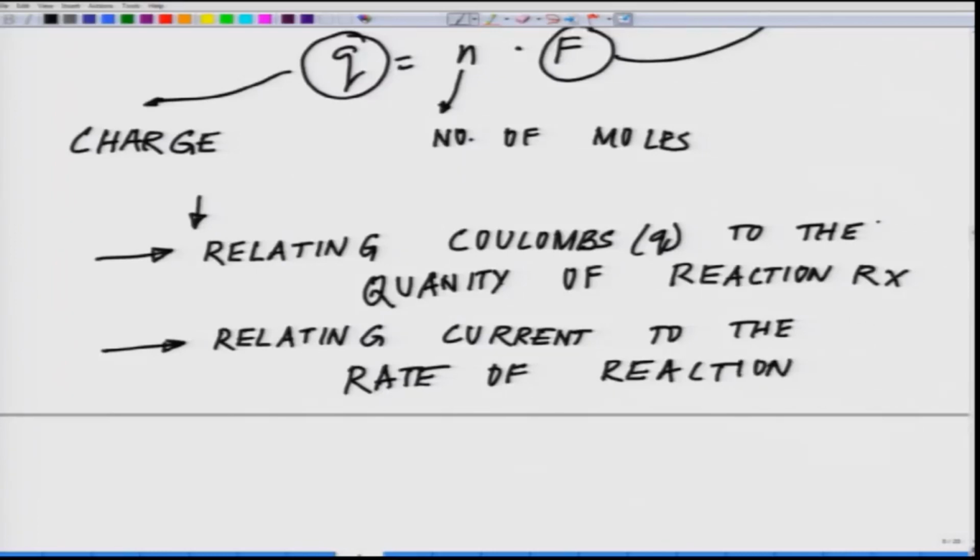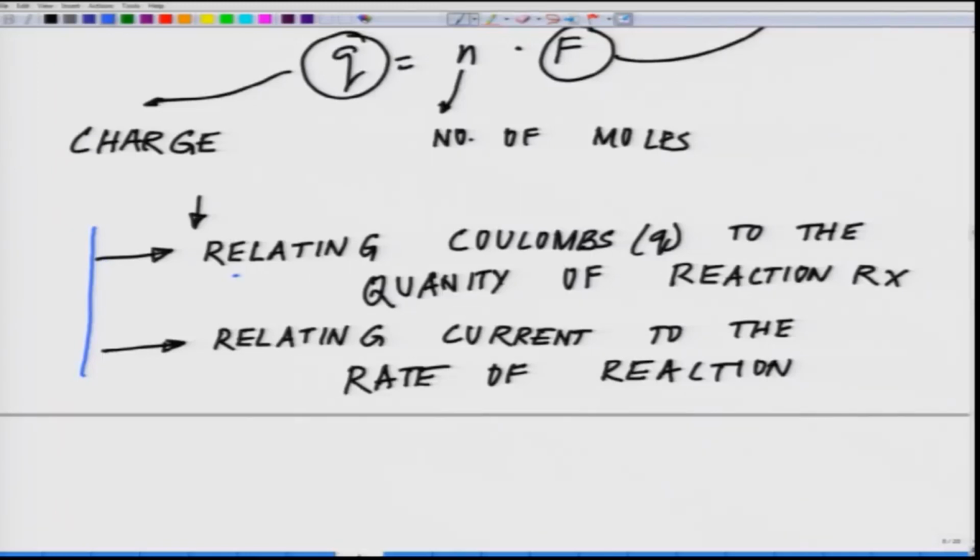So, these two concepts are exceptionally important for us to understand, because based on these two concepts we will be developing a series of numericals across it. Okay. So, let us look at it.